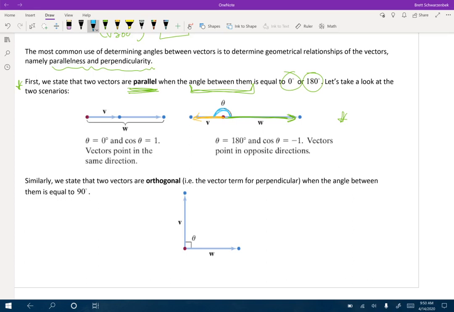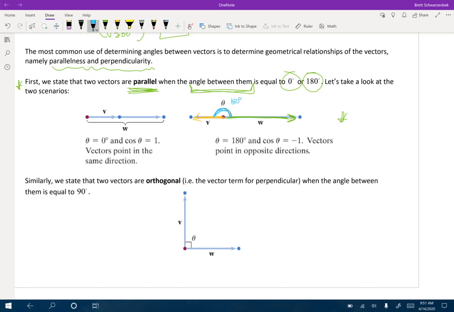So in vector world, believe it or not, we consider this to be parallel vectors. This is strange because you guys are used to parallel looking different. So in vector world, if two vectors have an angle between them of 180 degrees, then they are parallel.